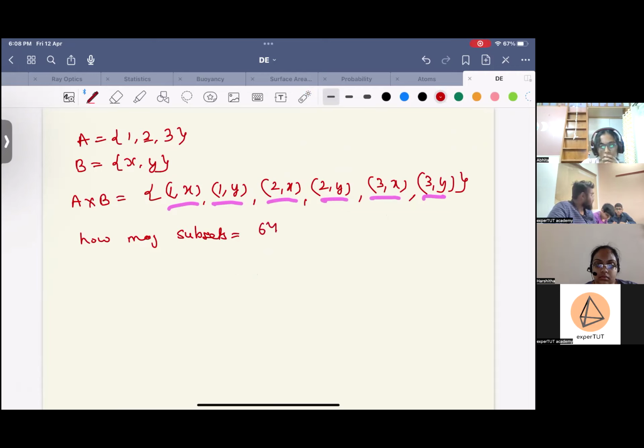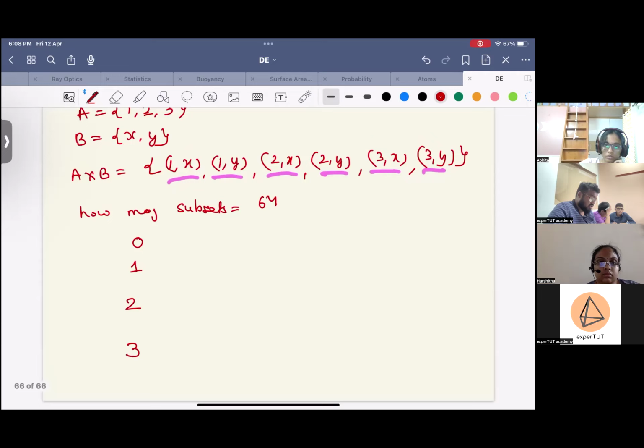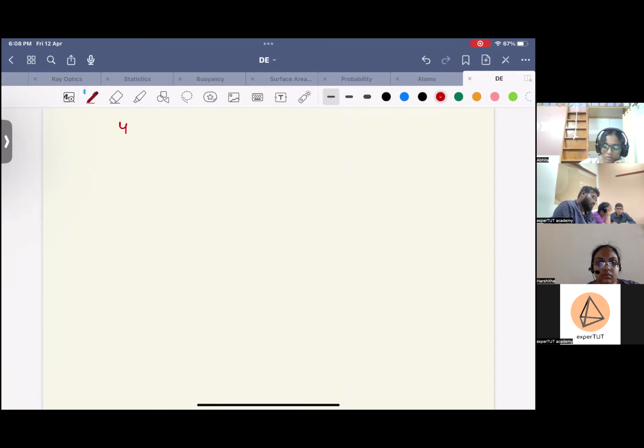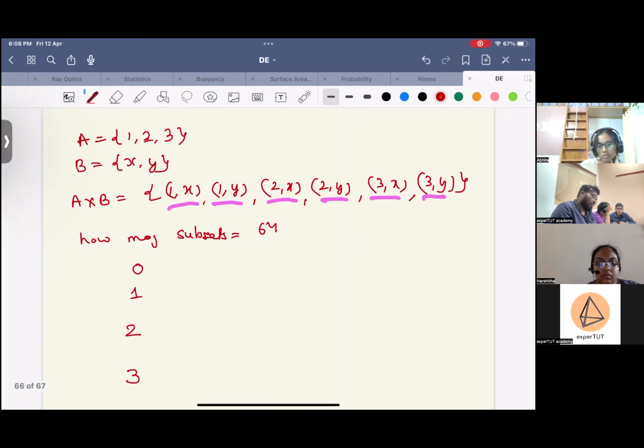If you want to write a few subsets which are easy to write, for example, you take one element at a time. There are 6 elements, right? So you can write 0 elements at a time, or 1 element at a time, or 2 elements at a time, or 3, and then 4 element, 5 element, 6 element. If you write 0 elements at a time, you have only one subset.